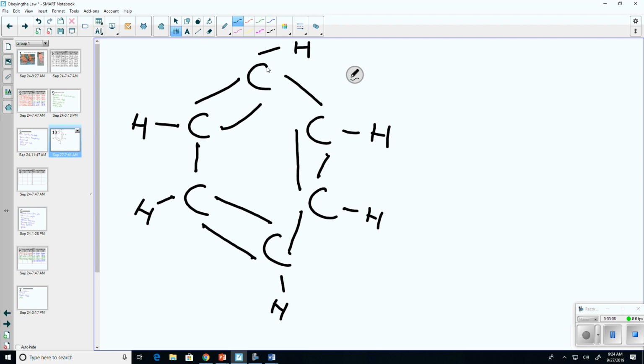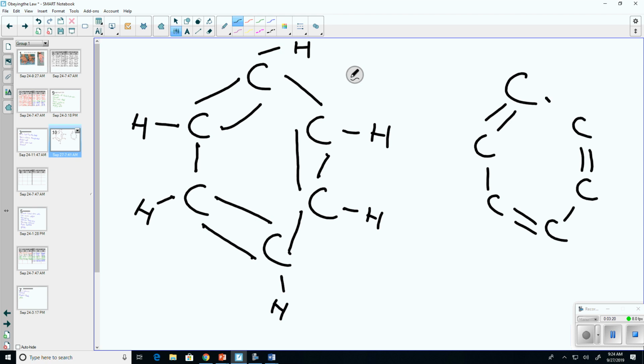Now this is kind of ugly because I did the mechanism of it, so if I try to pretty it up a little bit, or there's another way that this is shown.